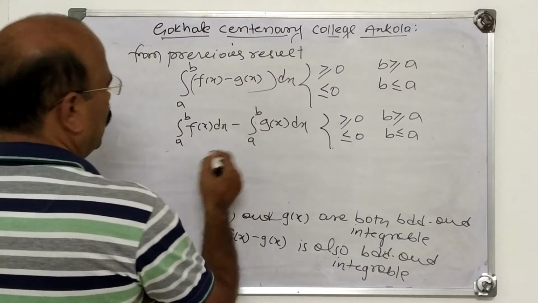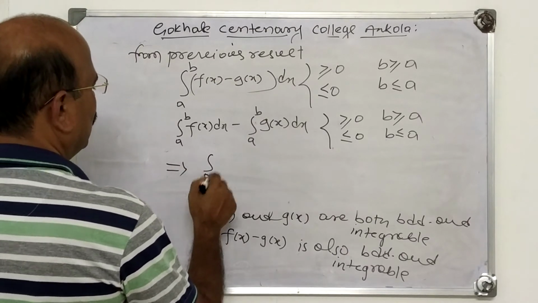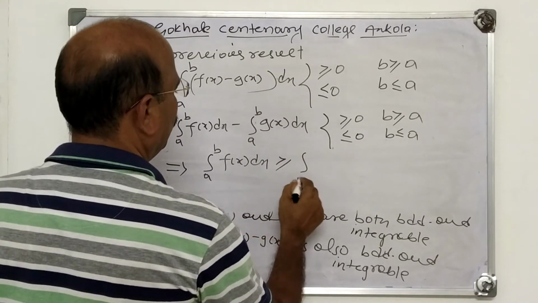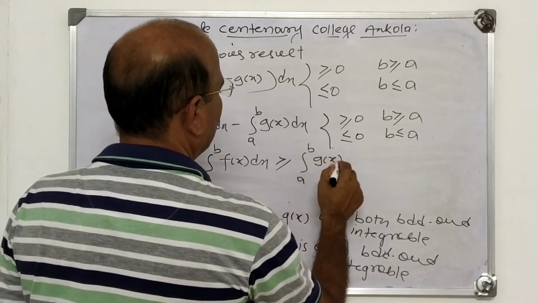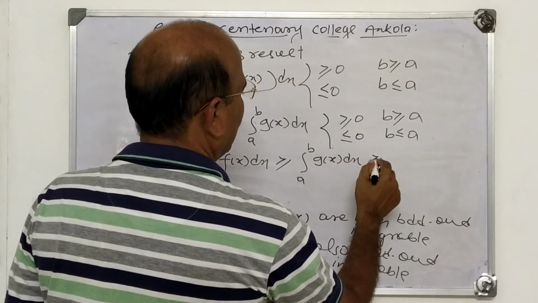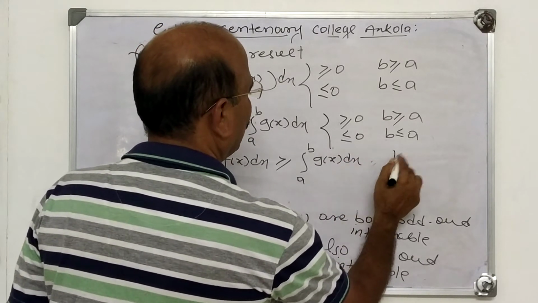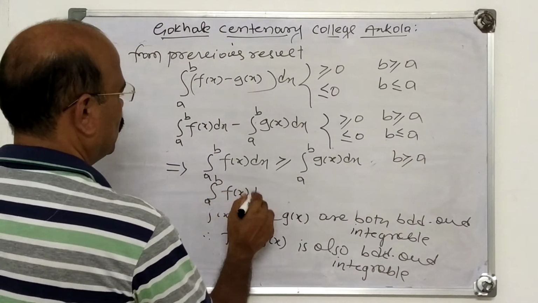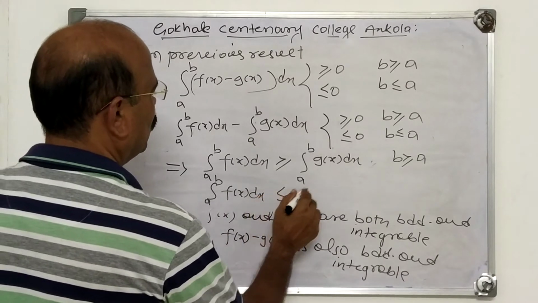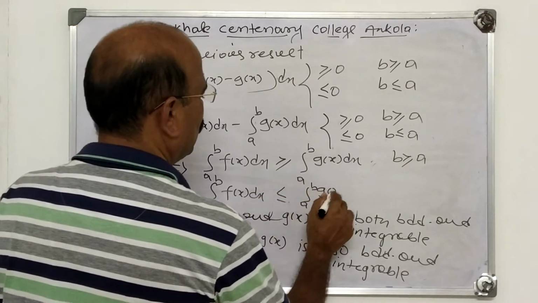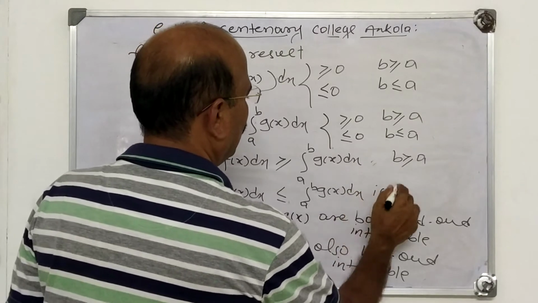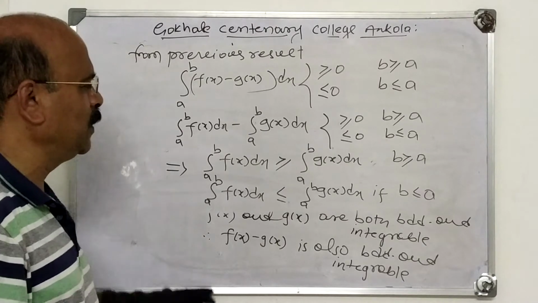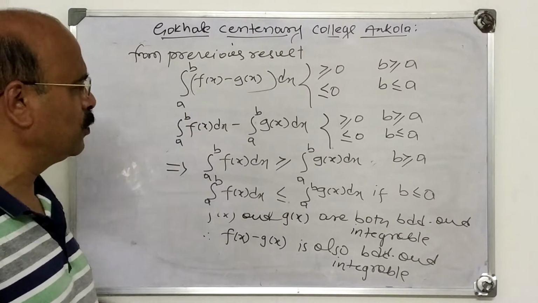Now, what does this imply? Integral a to b f(x) dx is greater than or equal to integral a to b g(x) dx if b is greater than or equal to a, and integral a to b f(x) dx is less than or equal to integral a to b g(x) dx if b is less than or equal to a. So the proof is, we have used the previous result to prove this.